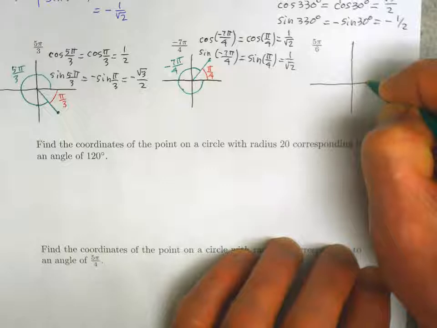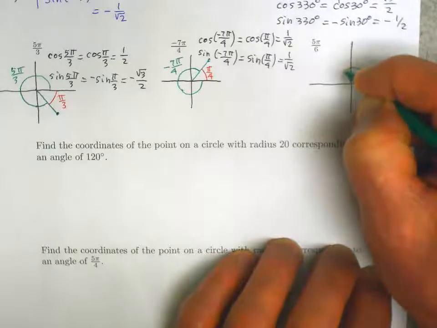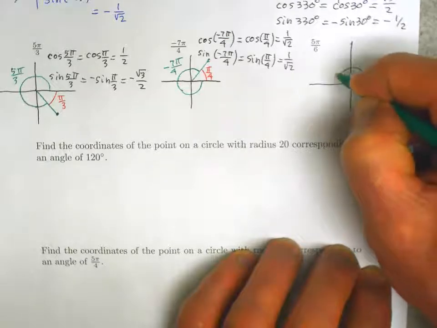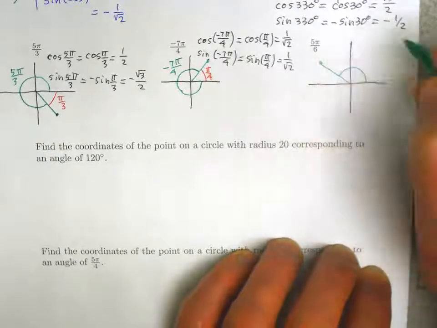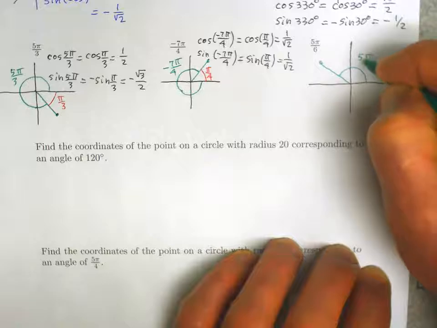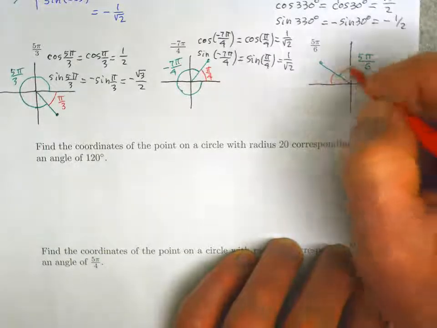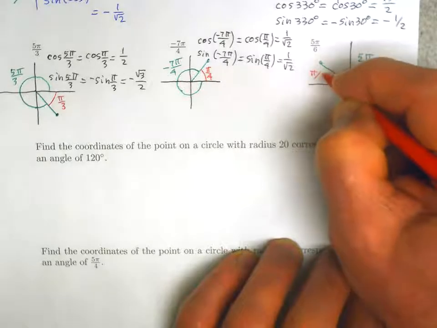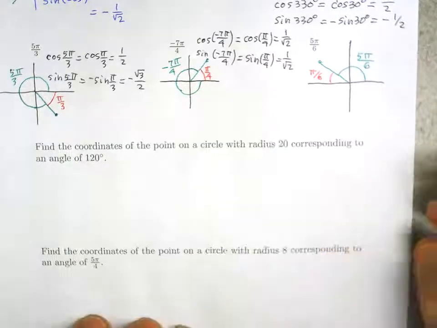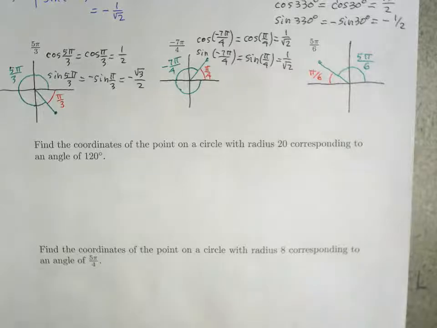So counterclockwise, we don't have quite 1/2 of a revolution. So here's 5 pi over 6. The reference angle is pi over 6. The terminal side is in the second quadrant, so cosine is negative and sine is positive.